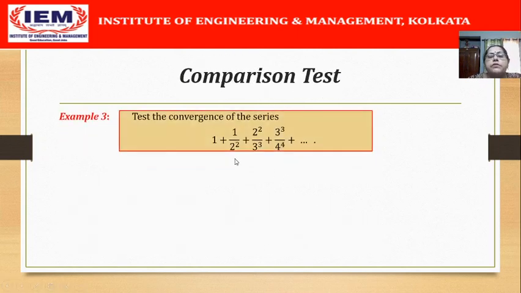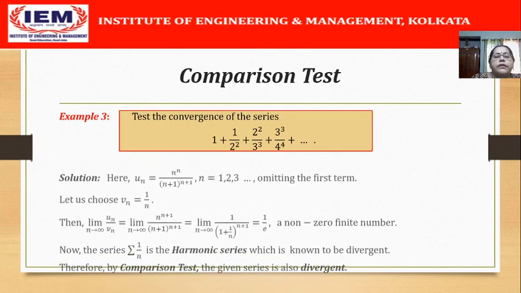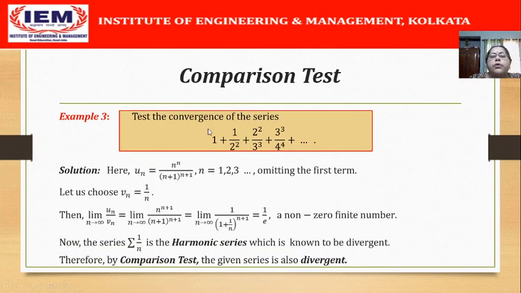Test the convergence of the series 1 plus 1 by 2 square plus 2 square by 3 cube plus 3 cube by 4 to the power 4 plus so on. So how can we represent un in this case? See that if we omit the first term, we call this as the first, this as the second, this as the third, then we can write un as n to the power n plus 1 to the power n plus 1, where n is going from 1 to 3.